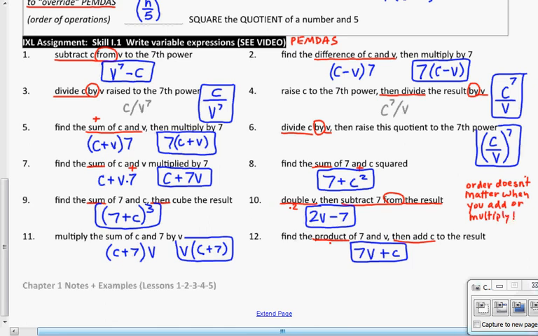So keep that in mind if your answer doesn't look exactly like mine. That order doesn't matter when you add or multiply, so if you had them added in a different order and swapped places, that's okay. If you were multiplying and you had the order swapped, it's okay. All right, so give I1 a try.